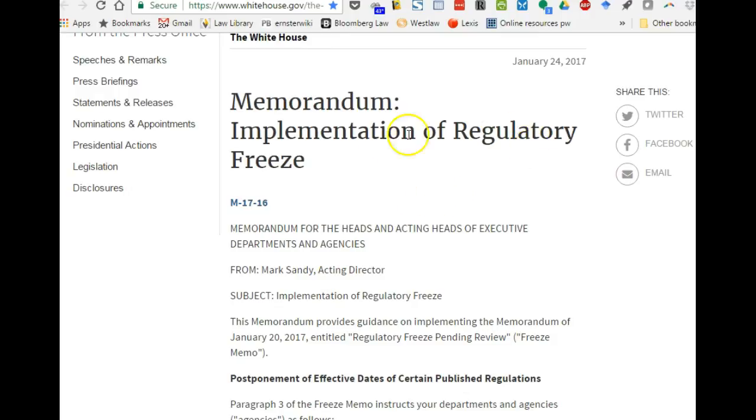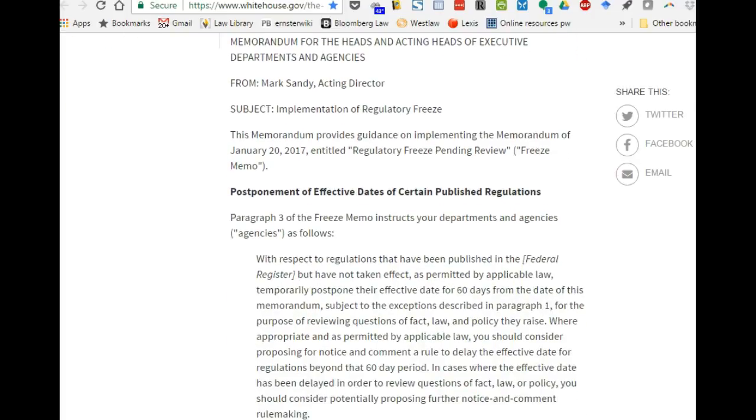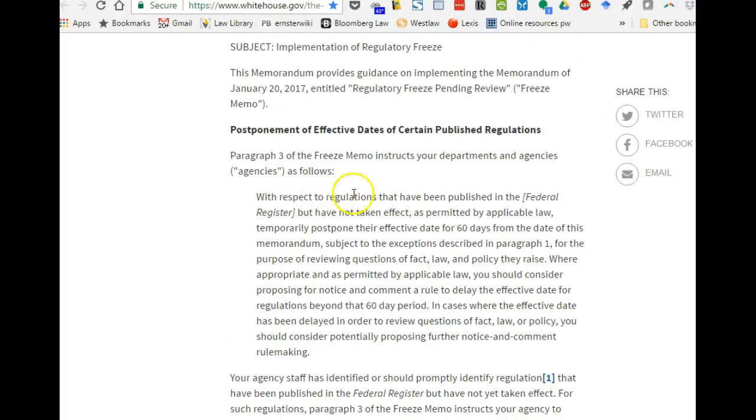So here's implementation of regulatory freeze. That other thing I was showing you is just a letter from the White House Chief of Staff explaining what we're looking at now. So we're looking at the memorandum implementation of regulatory freeze, just like we saw on the CFR section. And we find out that this freeze is instructing departments and agencies with respect to regulations that have been published in the Federal Register but have not yet taken effect.